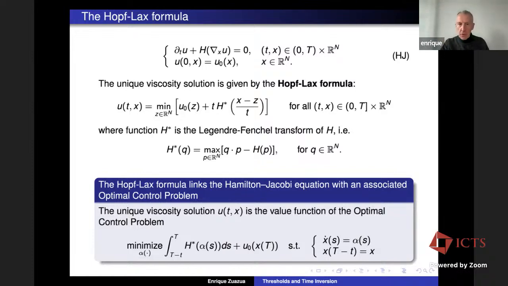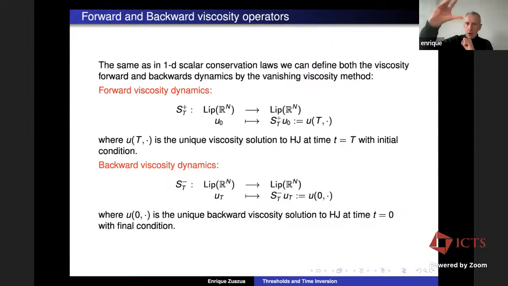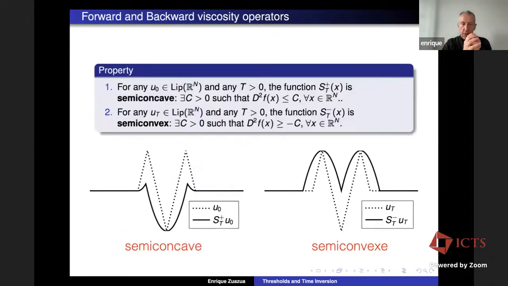Okay? So we have now a forward semigroup. We have viscosity solutions forward S plus. This is the semigroup plus forward. And we have the semigroup minus, backwards, of backwards viscosity solutions for the Hamilton-Jacobi equation.